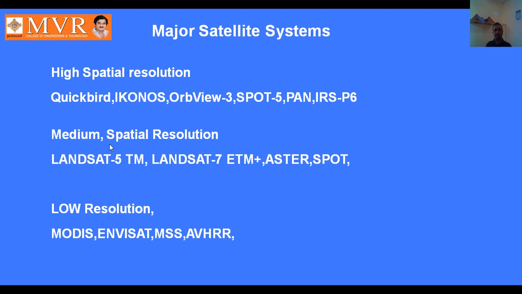Medium spatial resolution: Landsat 5 Thematic Mapper, Landsat 7 ETM, ASTER, Spot. Low resolution sensors: MODIS, Envisat, MSS, AVHRR. So based on the spatial resolution, they are classified into different satellites. We will discuss all these in detail in later classes.